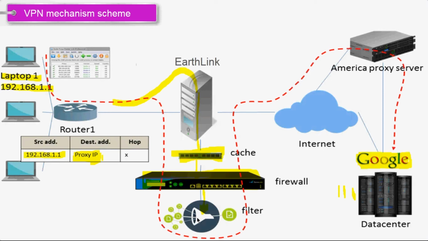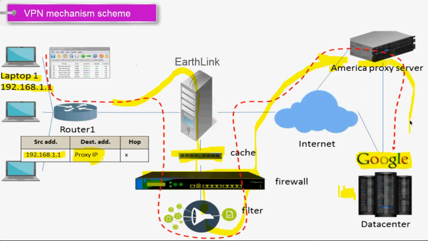So it goes to the filter server, and from the filter server, it will check your account, if you pay, and everything's okay. So it will go not to Google, it will go to the American proxy server, depending on this proxy IP. And in this server, this packet will be encapsulated, and inside this packet, there is a Google IP.